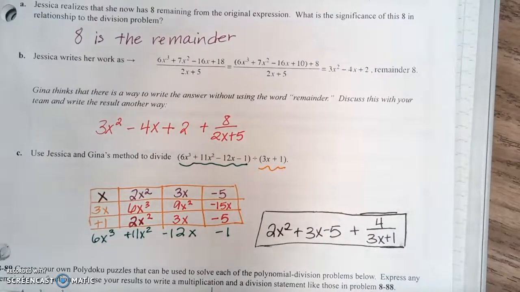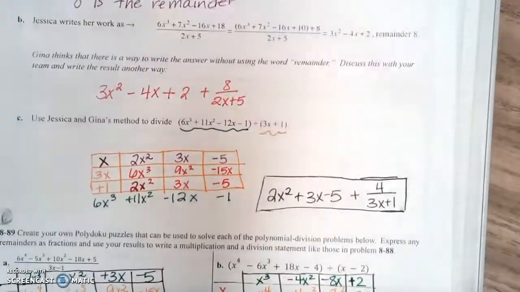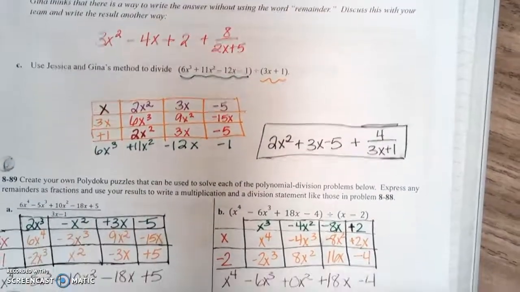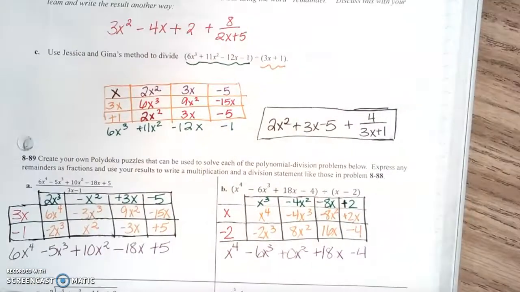Okay? Everybody's looking at me like, oh, okay, you'll have to try one. When I do it for you, I make it sound so easy, but you guys will have to try it on your own. We're going to do 89 together. We're going to skip C and D, and then that's it.